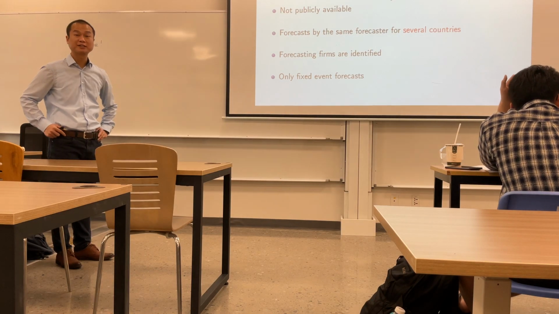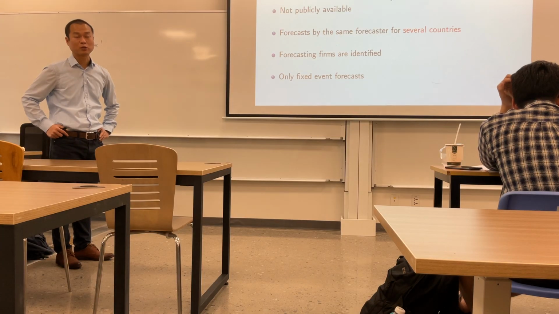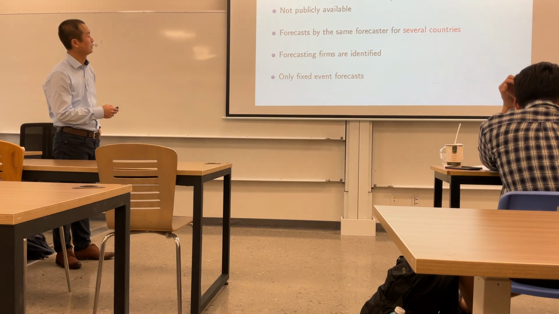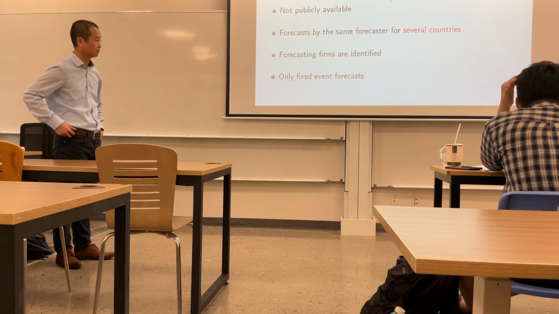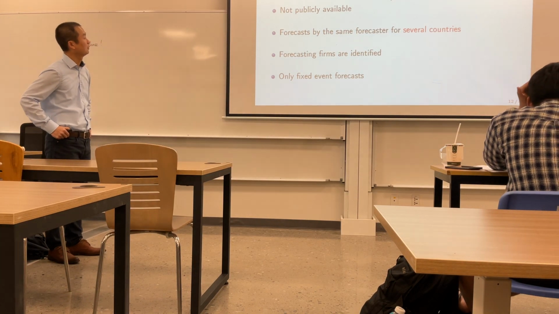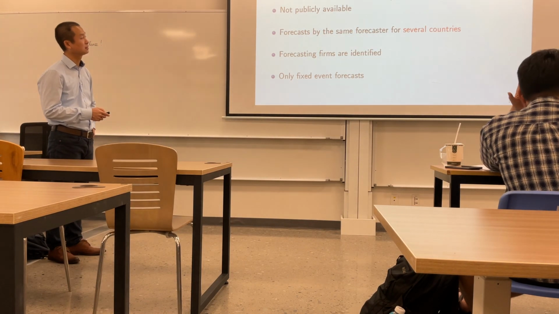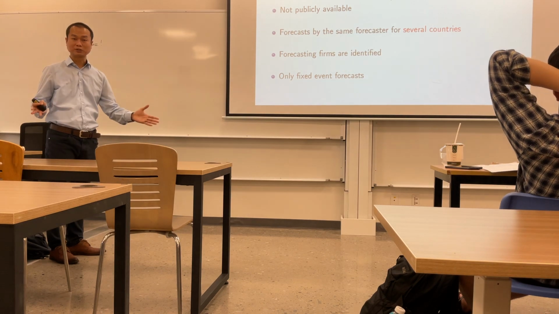So mainly it's for some financial institutions, they use this data set for their work, because it's very costly to collect data from Consensus Economics. This includes about 700 economists each month, and it's a global survey.